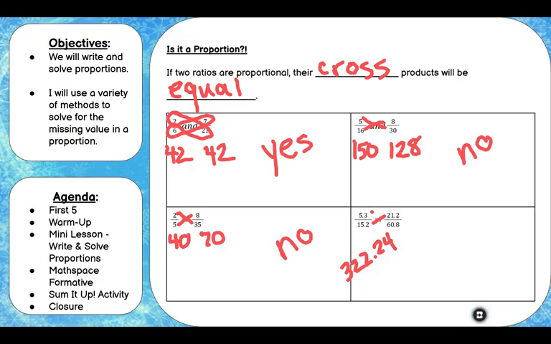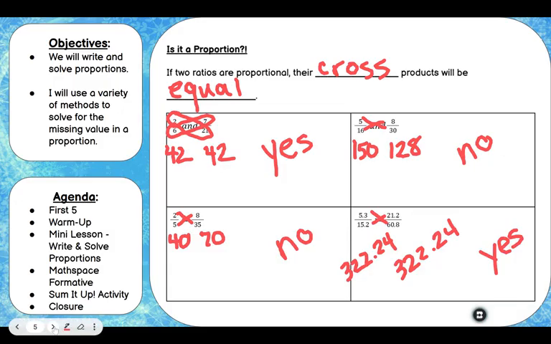Then you're going to do the same thing here, 5.3 times 60.8. When we do that, we get 322.24. Are those numbers the same? Yes. So yes, these two ratios are proportional.